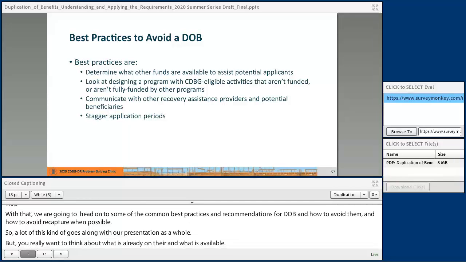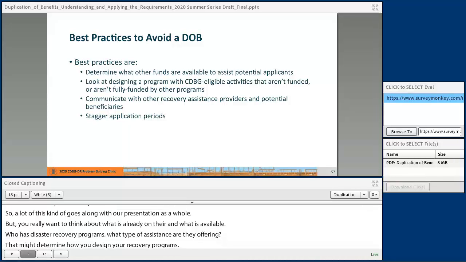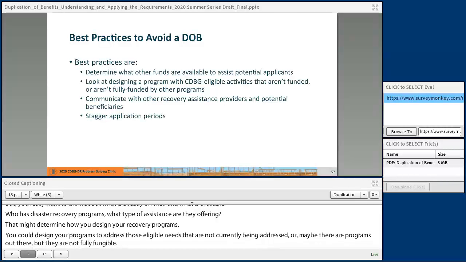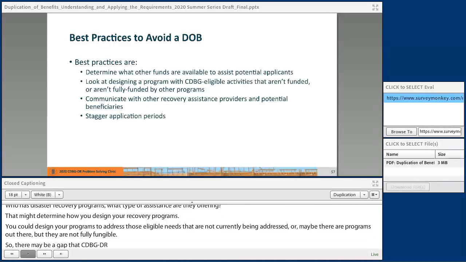That might determine how you design your recovery programs. You could design your programs to address those eligible needs that are not currently being addressed, or maybe there are programs out there, but they're not fully fundable, and so there may be a gap that CDBG-DR funds need to fill for those types of activities. And that will help limit your risk from occurring in the first place when you initially are making your CDBG-DR awards.